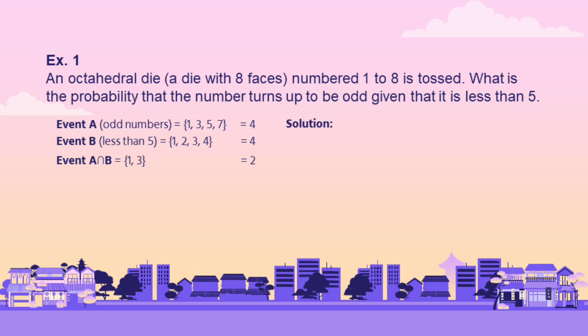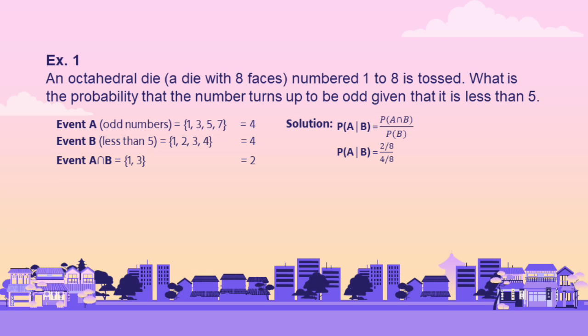After we have identified the given, we will now proceed by using the formula of conditional probability. Probability of A given B is equal to probability of the intersection of A and B over the probability of B, and then we will be substituting the corresponding values. Event outcomes of A intersection B is equal to 2, over the total number of the sample space.